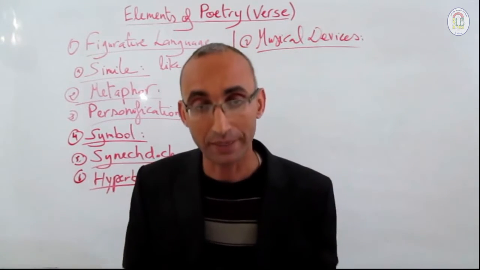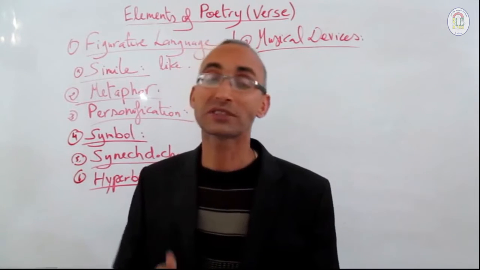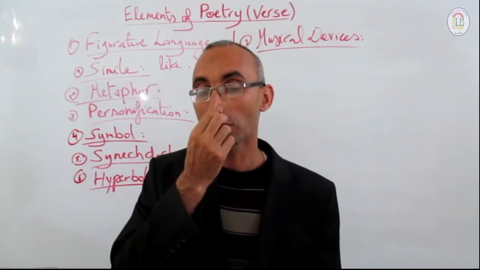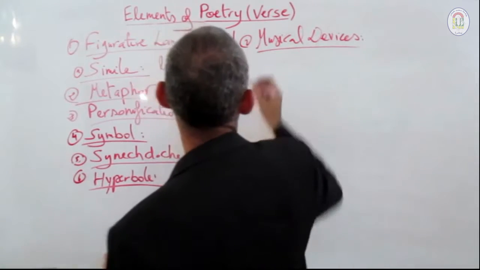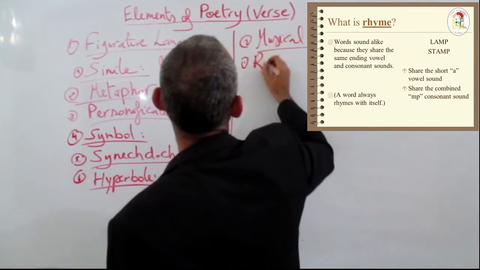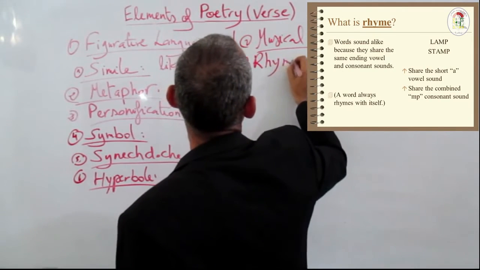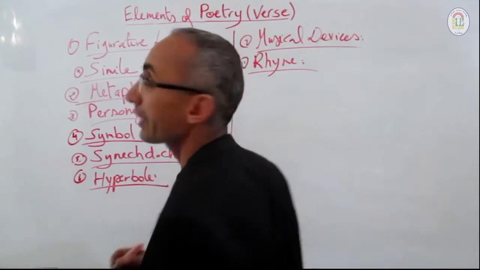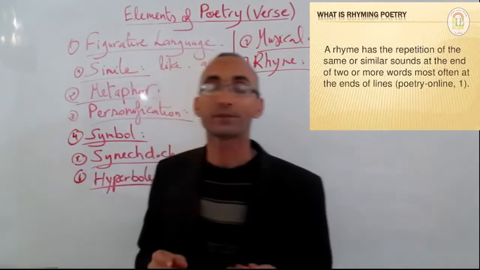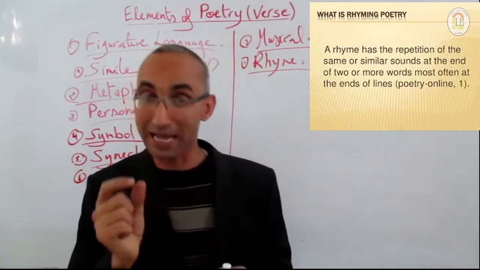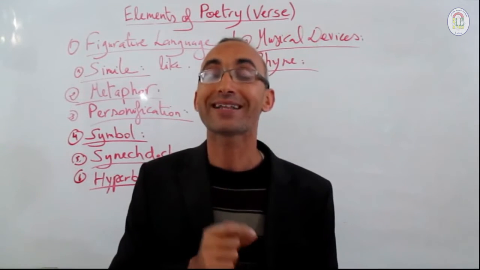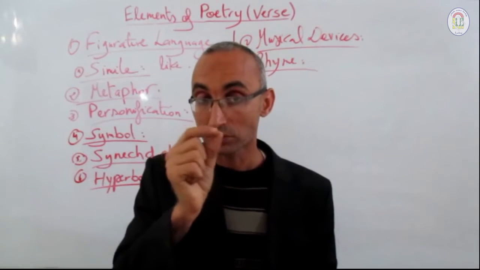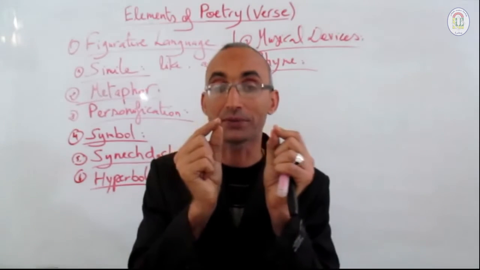First, we start with what we call the rhyme. Number one, we have the rhyme. What is rhyme in a poem? Rhyme is the repetition of a particular sound at the end of words which are close to one another.